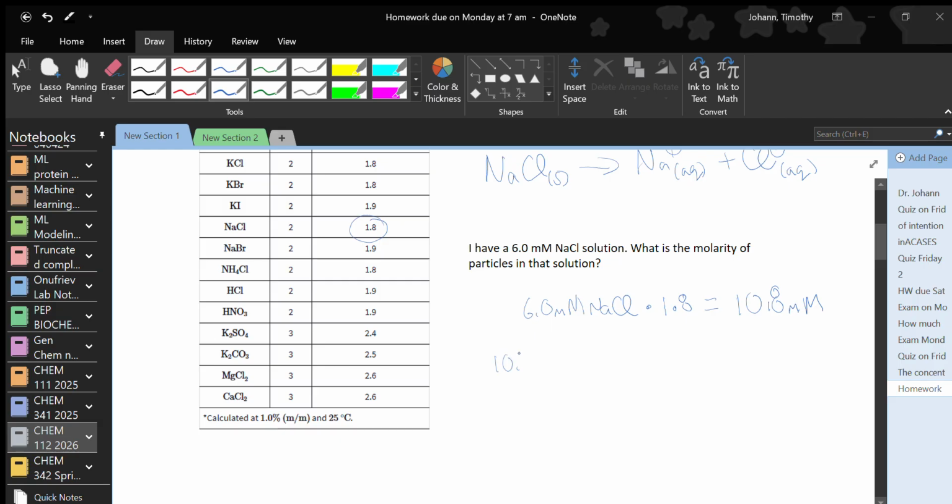If I have 1,000 millimolar, that's equal to 1 molar. Millimolar cancels millimolar, and that's going to give me 0.0108 molar. And I had 2 significant figures, so 0.011 molar would be more correct with significant figures, right?